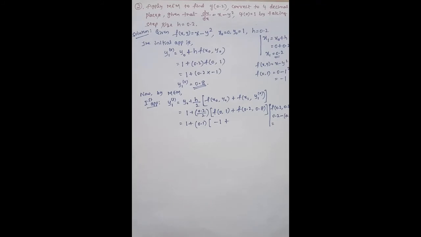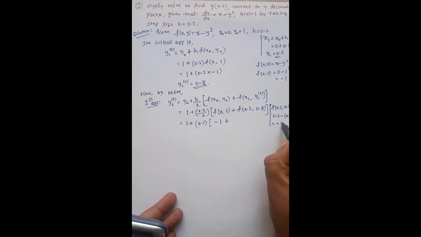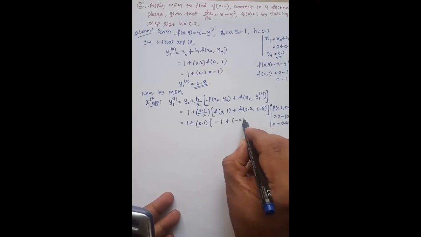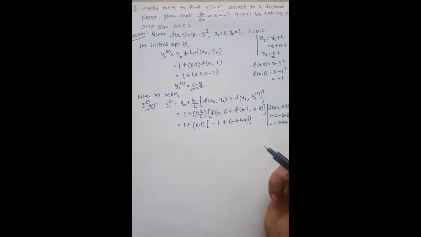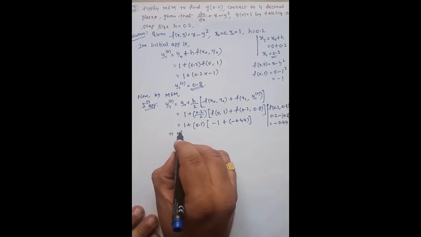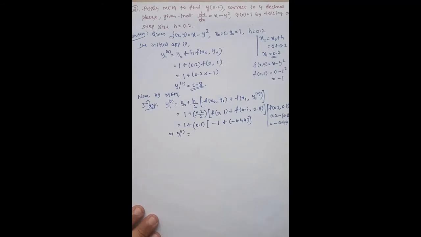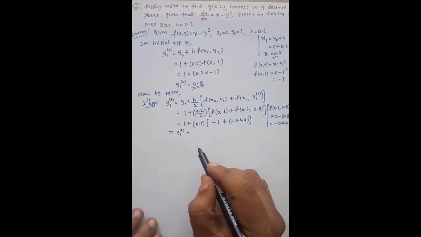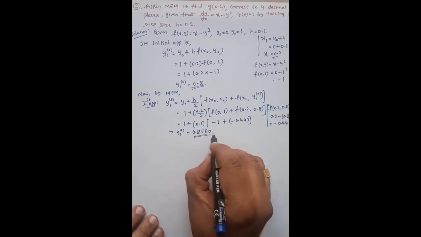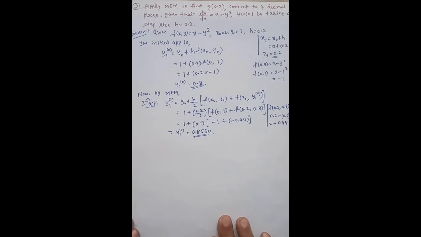It comes around 0.2 minus 0.8 square, it gives minus 0.44. So substitute that here. It gives minus 0.44. So simplify this. We get the first approximation. This implies y1 power 1 equals 0.8560. So this is the first approximation for the problem.